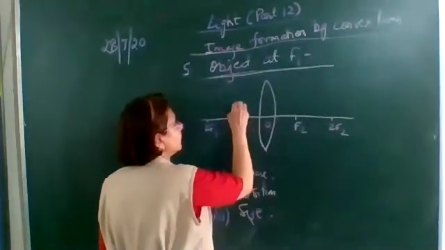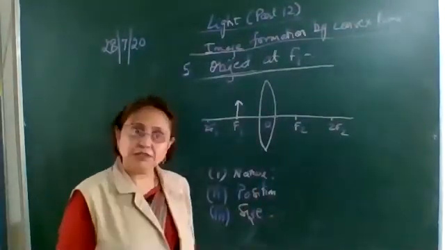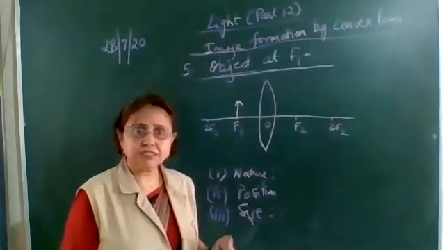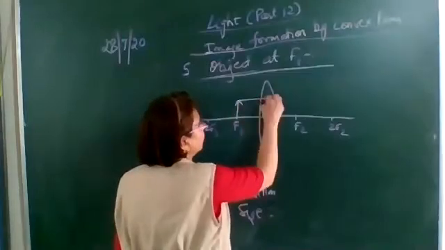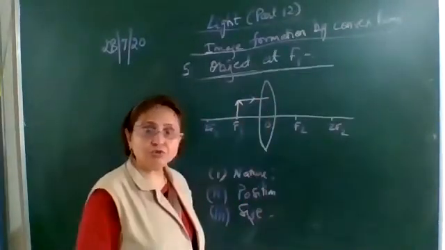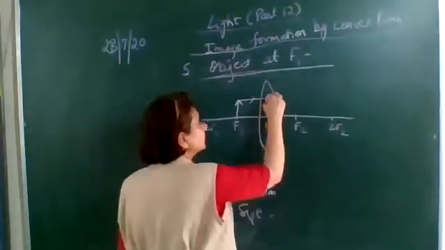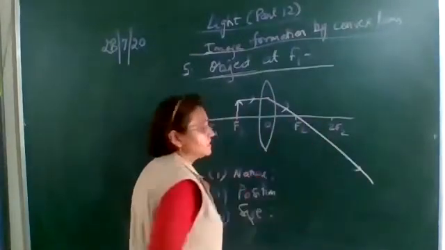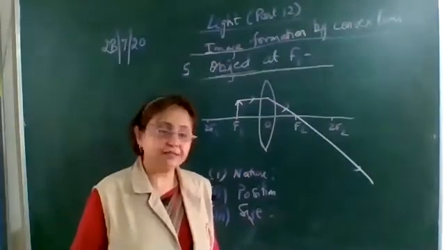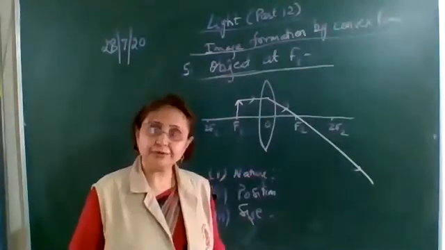Now place the object at F1. Again the first incident ray, the same one, parallel to the principal axis. Okay, and we know that this will pass through focus on the other side, that is it will pass through F2. This is the first refracted ray which is passing through F2.